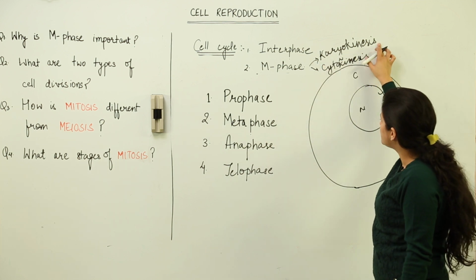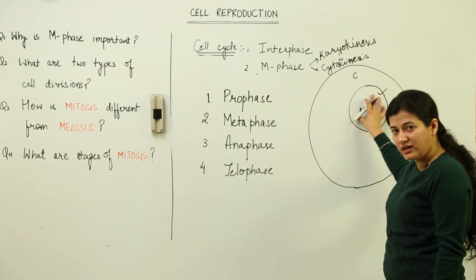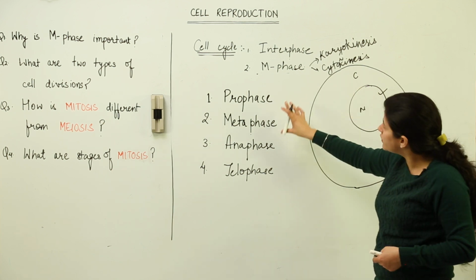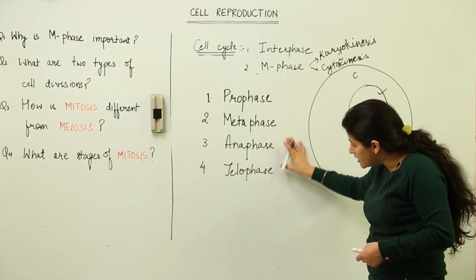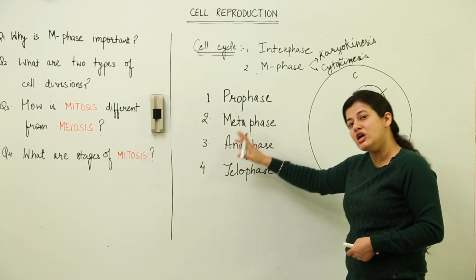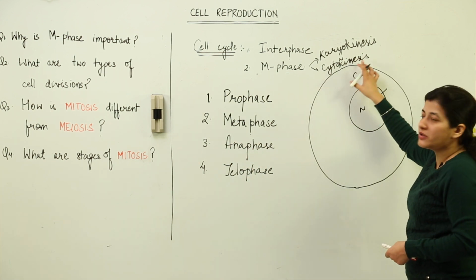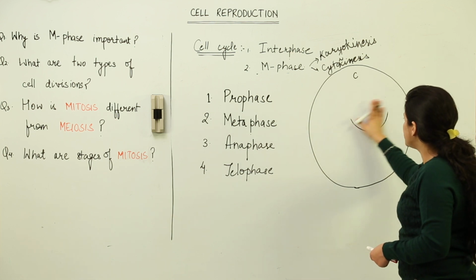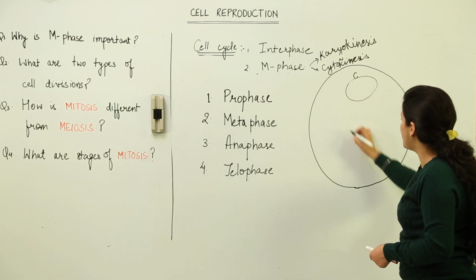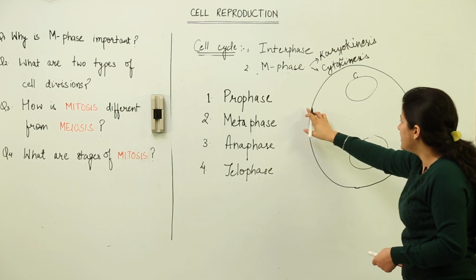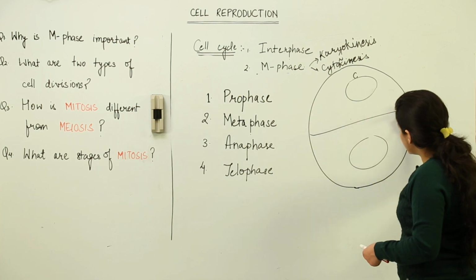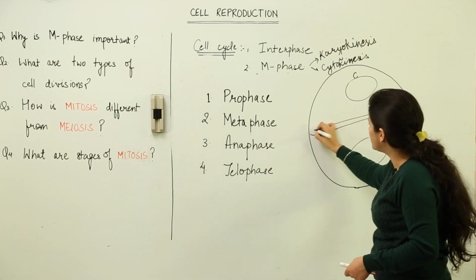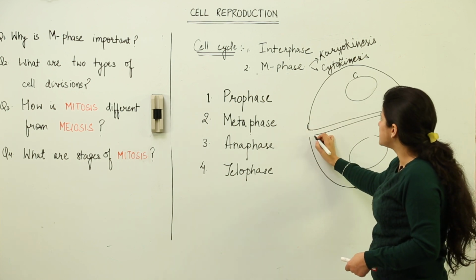This karyokinesis process, where the nucleus gives rise to two daughter nuclei for the two daughter cells, is completed in these four stages, which is followed by the formation of two different cells. When two daughter nuclei are formed after karyokinesis, there would be division of the cytoplasm as well, and we would have two different daughter cells.